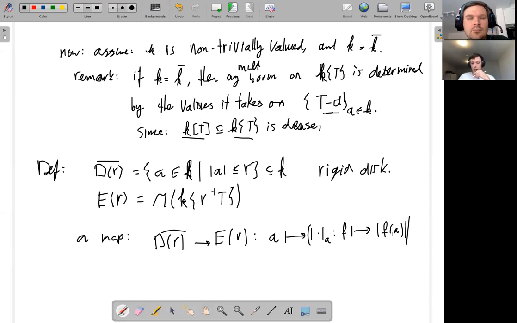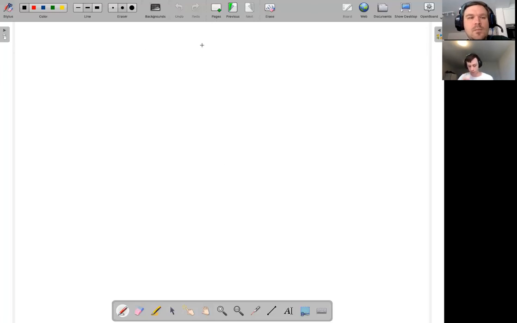On the field, you have your absolute value, the norm just on K. And this is the value that you let the norm on the function f take. Okay, so this gives a whole bunch of points, one for every element in this disk.